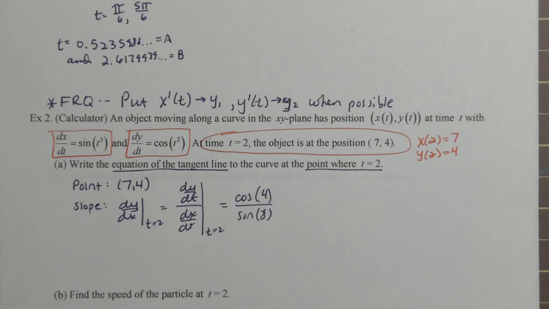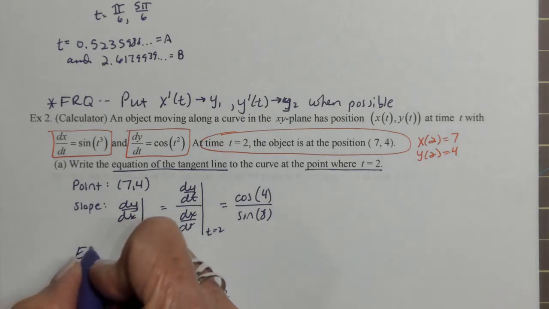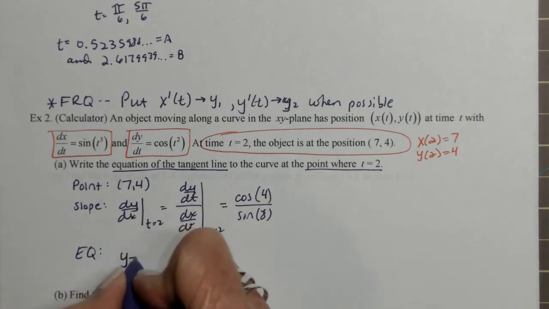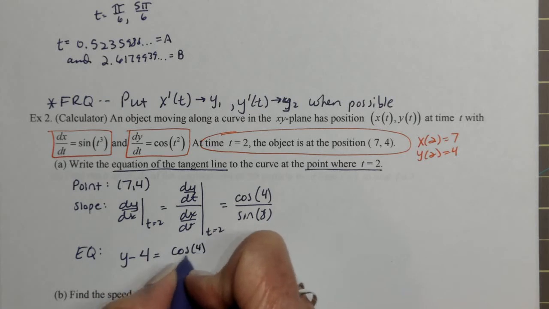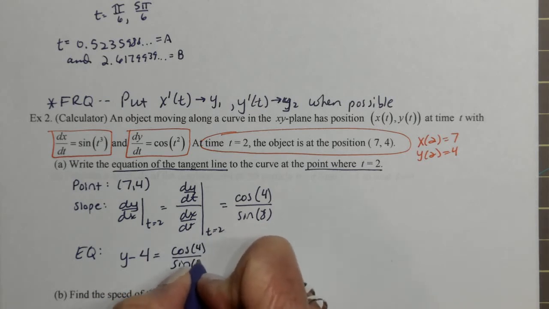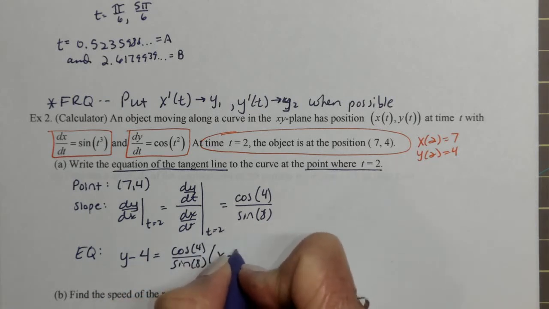So I think I'm just going to leave it like that. It's an FRQ, leave it like that. If we wanted to, we could get a decimal value for that, but there's no reason to. So the equation of the line tangent would be y minus the y value is the slope times x minus the x value.